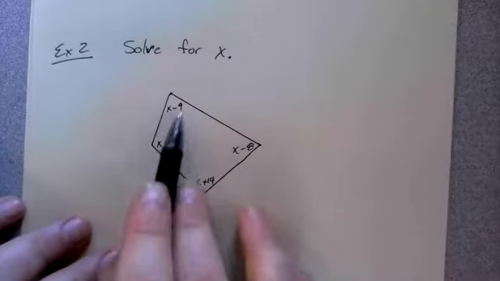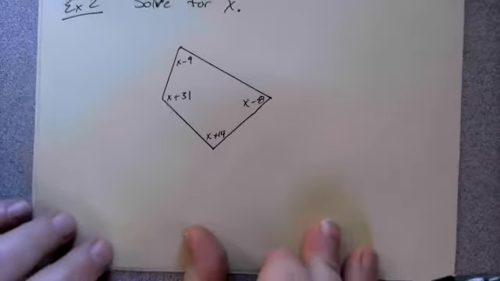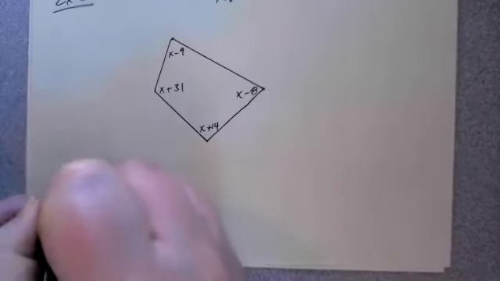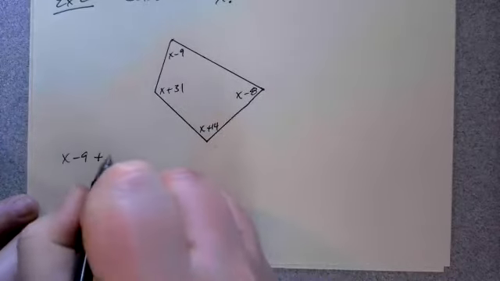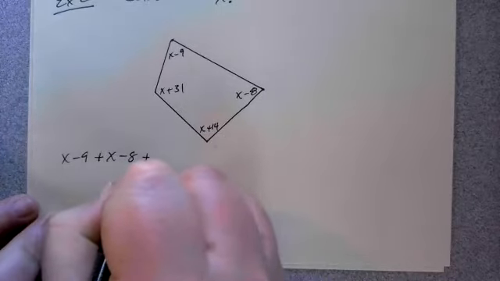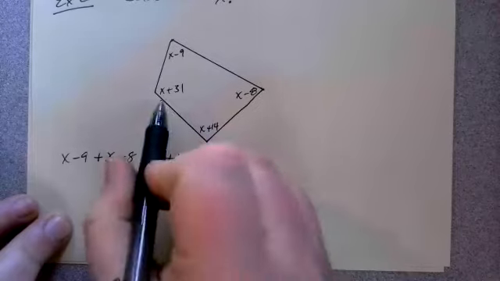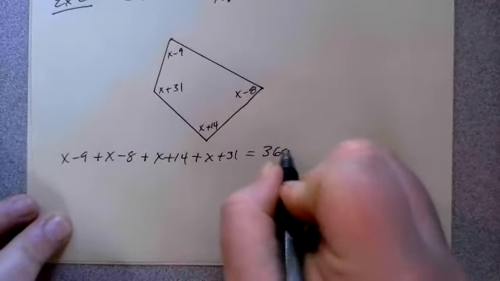So I'm going to go one at a time and add them all together and let it equal 360 degrees. It doesn't matter where you start. So x minus 9 plus x minus 8 plus x plus 14 plus x plus 31 equals 360 degrees.